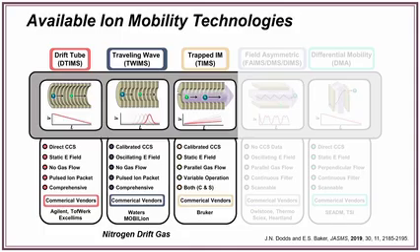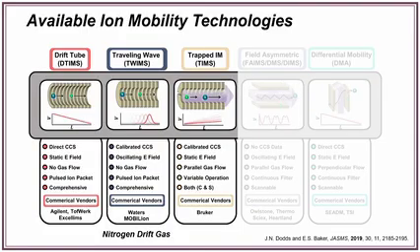They have a couple of advantages compared to the others. One is that you can do direct CCS measurements from drift tube instruments. It's also a comprehensive method, meaning you get a range of drift times across the whole experiment, so you're not doing any scanning or selection in the ion mobility dimension. You're doing a full separation.